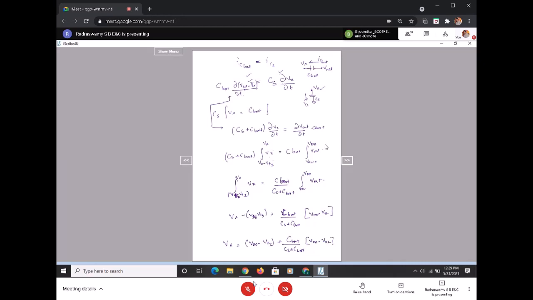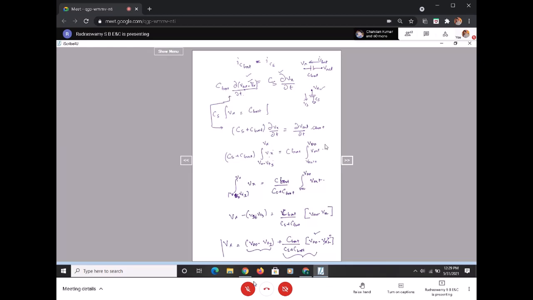VOL is basically 0. That is what we started. So now you can see that Vx is not only VDD minus VT3, but it is also plus something. What is this plus something? We'll come back and see.